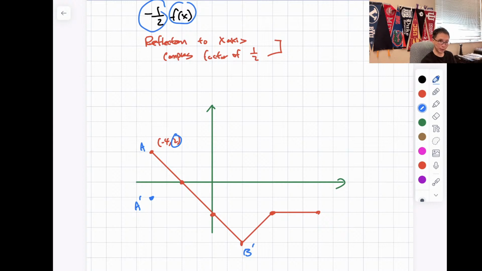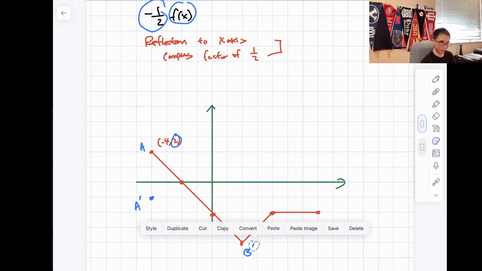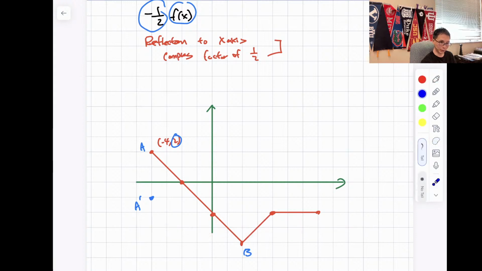So this is B here. You see the B on the bottom. What will be the new coordinate of this B according to this? It will not be 4, 2, but you might get pretty close.